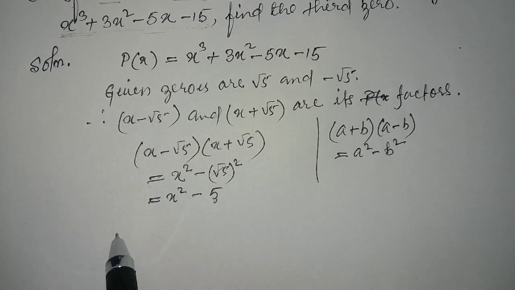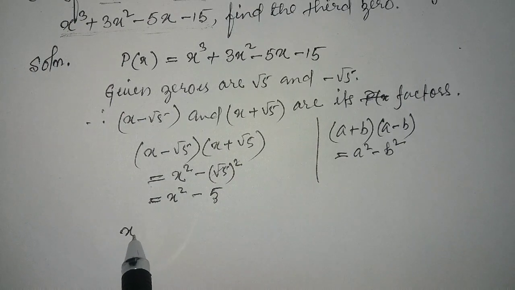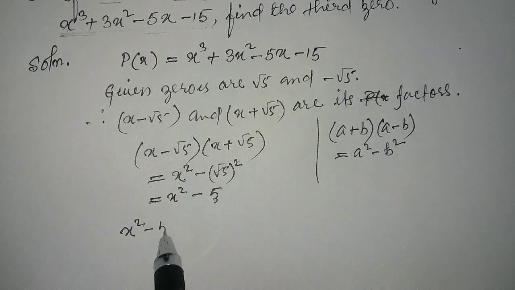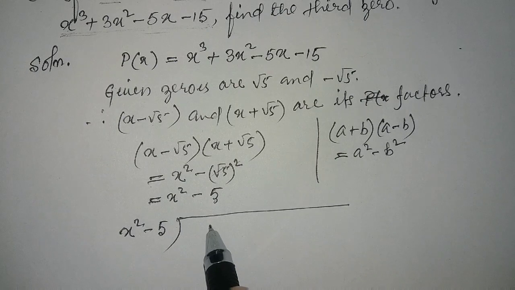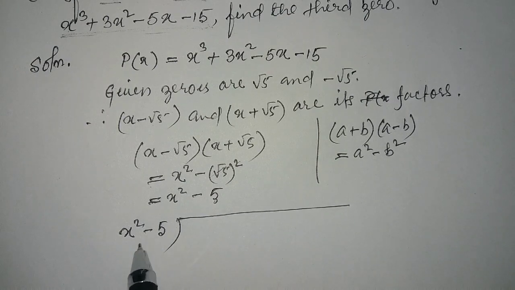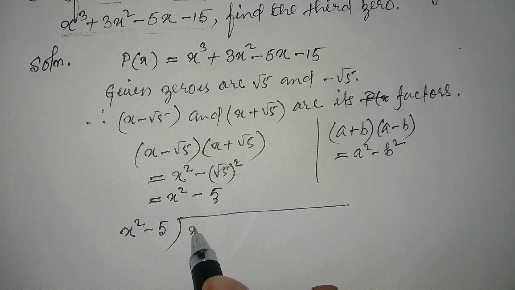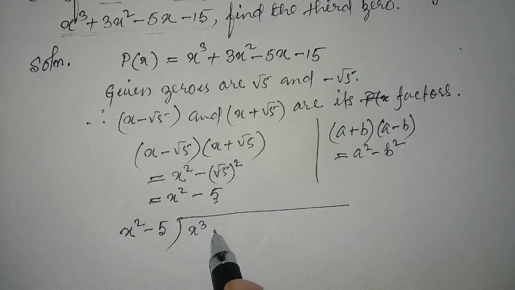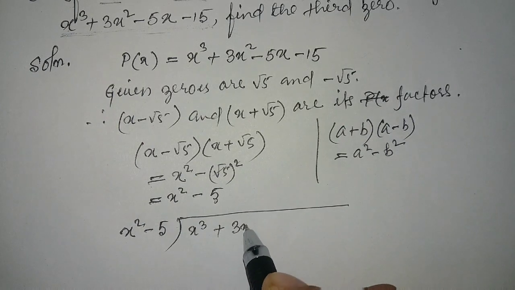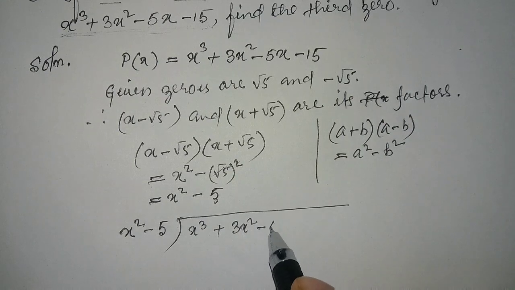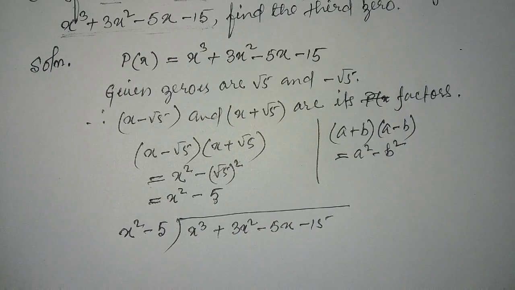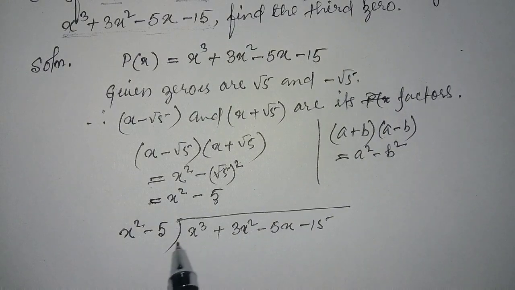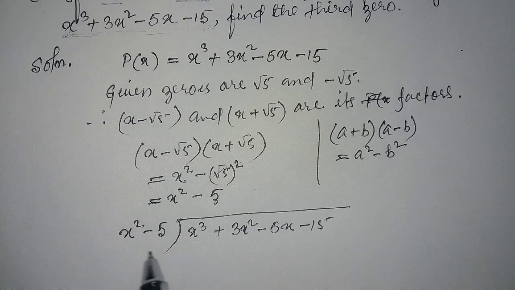Now what we will do is divide this given polynomial, x cube plus 3x square minus 5x minus 15, by this x square minus 5. While dividing, you first check the first terms of the divisor and the dividend.